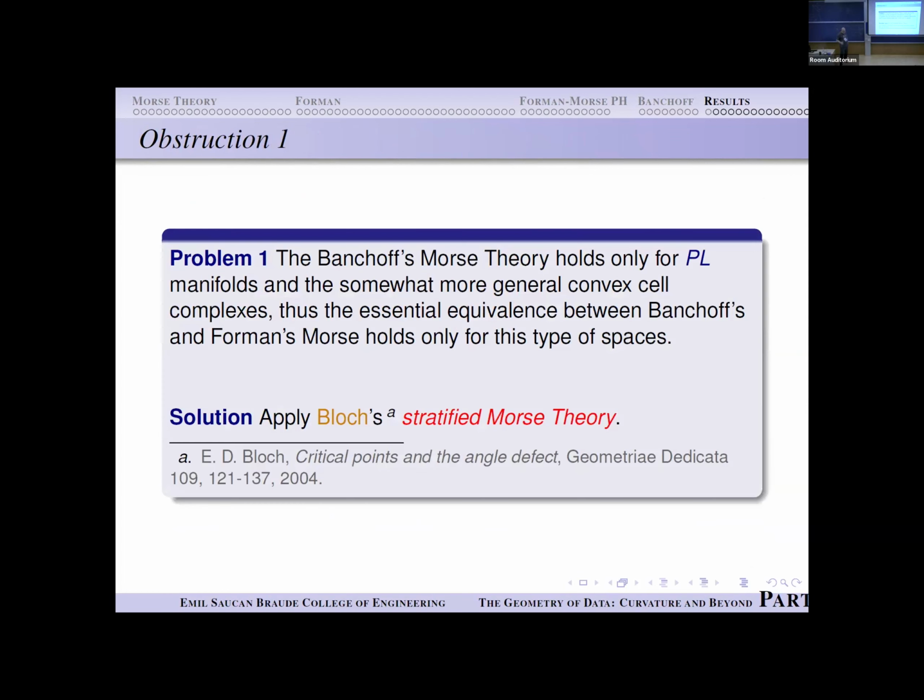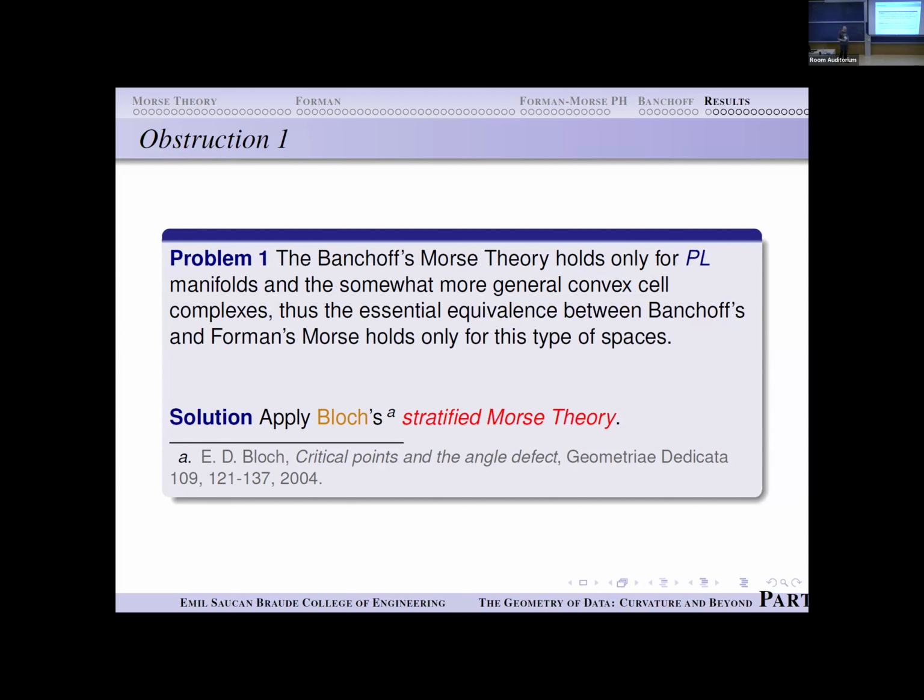Okay, so now that's where I stopped yesterday, I think, yes? So I said that Banchoff's Morse theory holds only for PL manifolds or more general convex cell complexes. So you can't really apply the equivalence between the two Morse theories except in this setting.